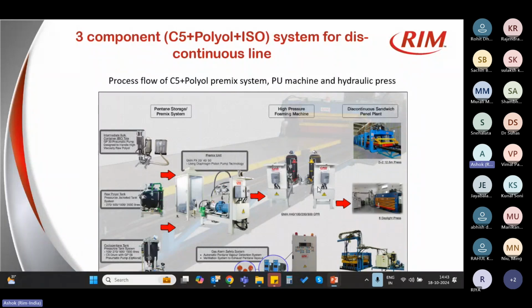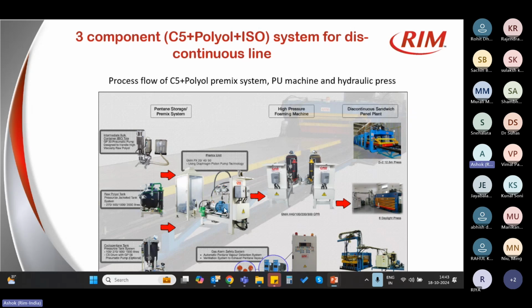Here you can see some equipment with a flow chart. There are polyol storage tanks, and polyol comes from the drum to the storage tank. Then cyclopentane comes in the drum, and either we can transfer from the drum directly to the premixing or through the day tank. In the premixing system, the polyol and cyclopentane blowing agent get mixed.